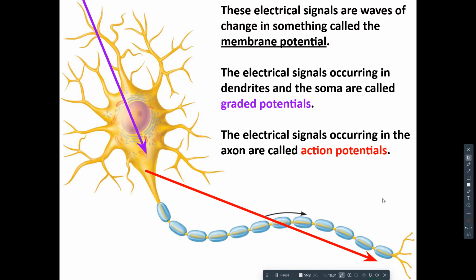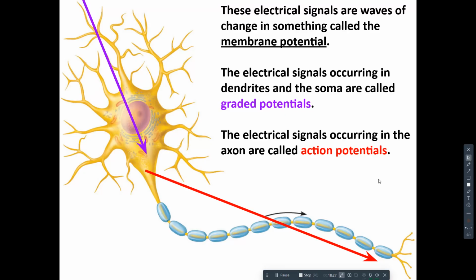Now in my neuron, the electrical signals are these waves of change. A wave of change means something changes in one spot, which causes it to change in the next, and then in the next, and then the next, and next. Like when you knock over a row of dominoes, the first domino knocks over the second, which knocks over the third.